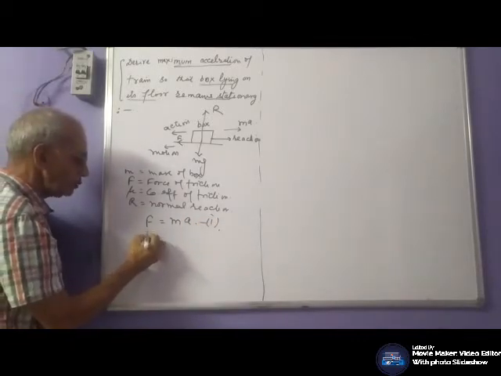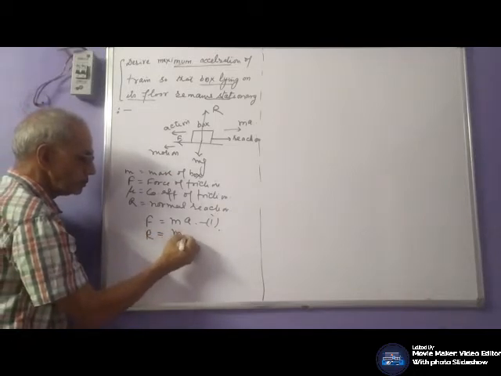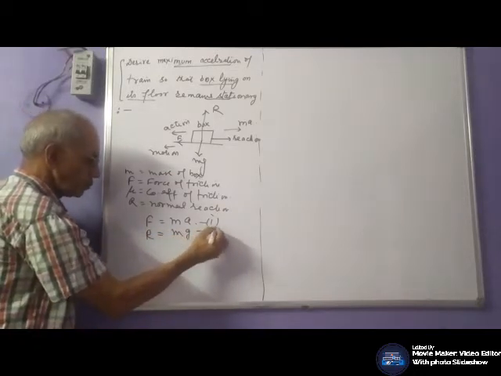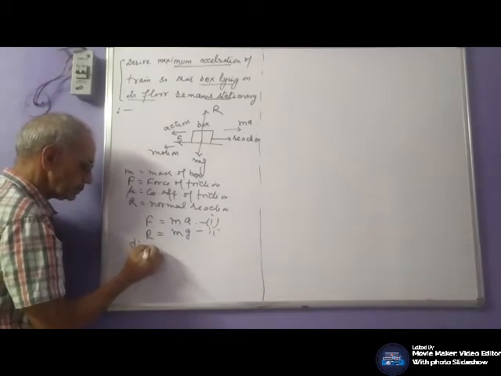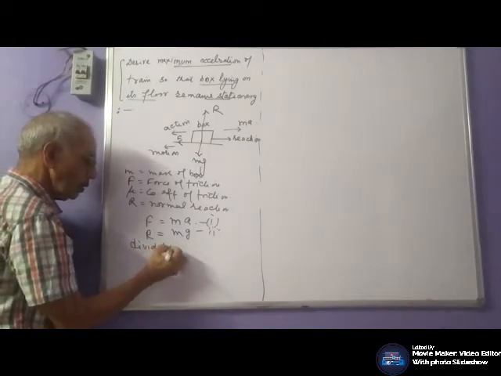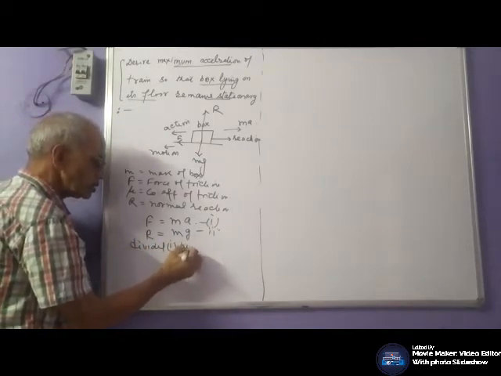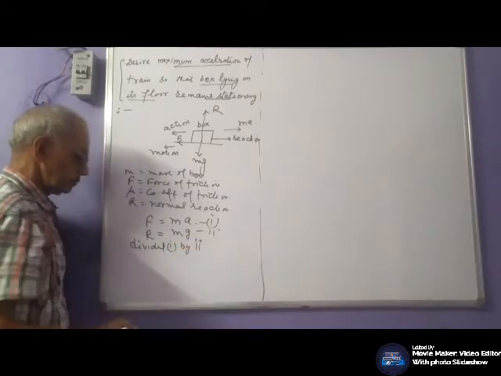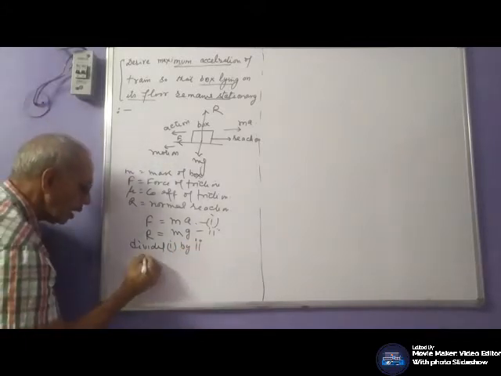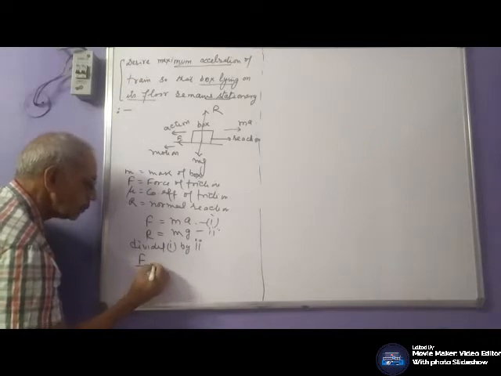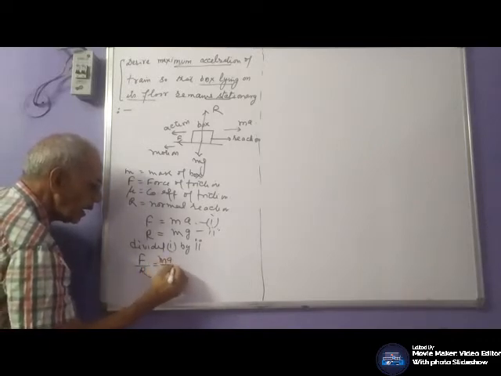And R is mg. Dividing first by second, F by R is ma by mg.